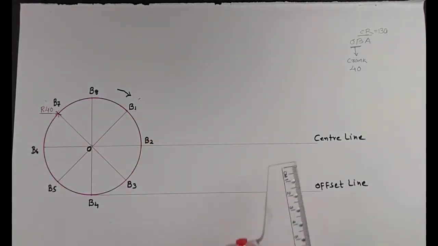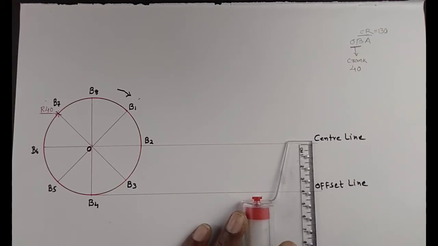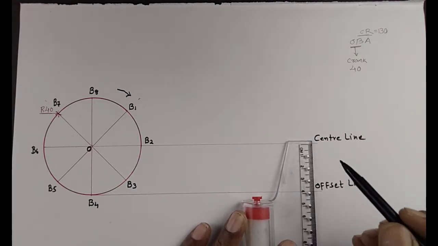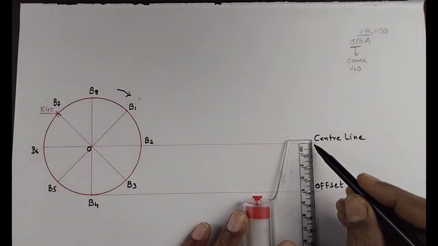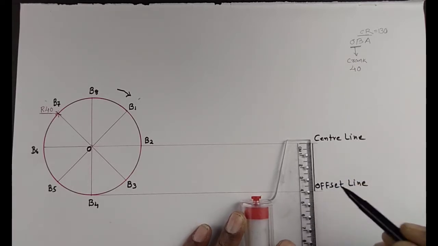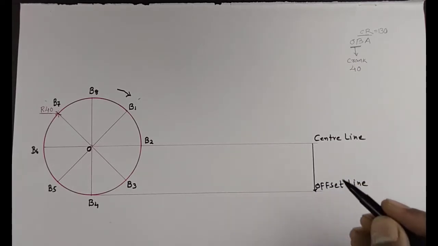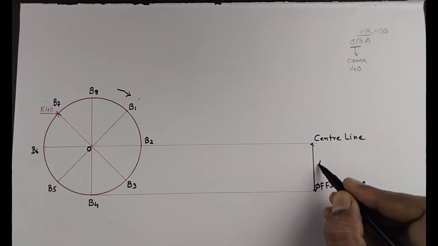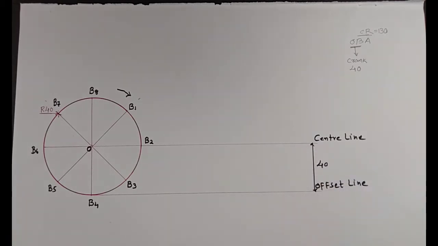Now you have the offset distance of 40 mm. So first I mark the 40 mm offset distance from the center line, and from this point we draw the line parallel to the center axis.